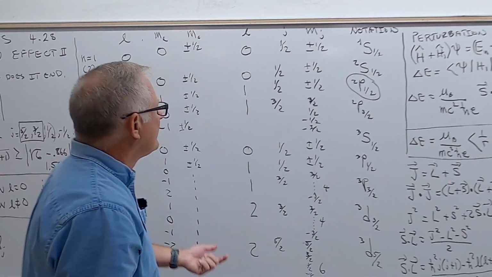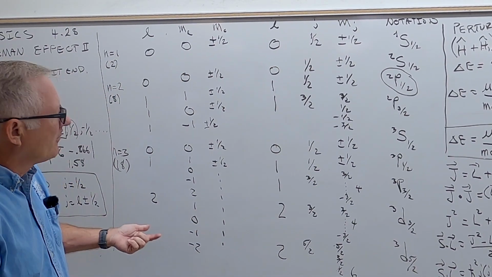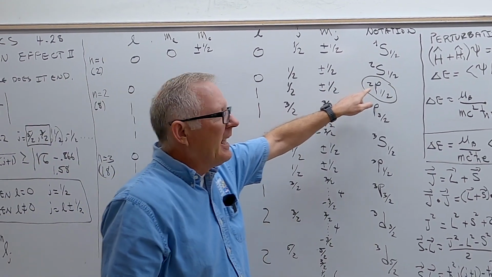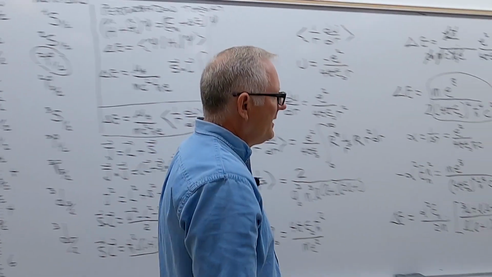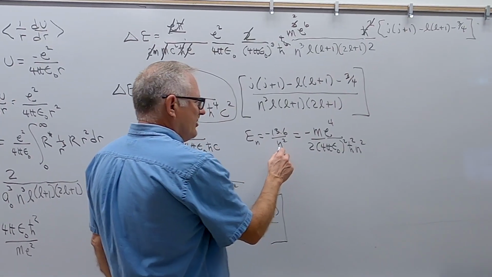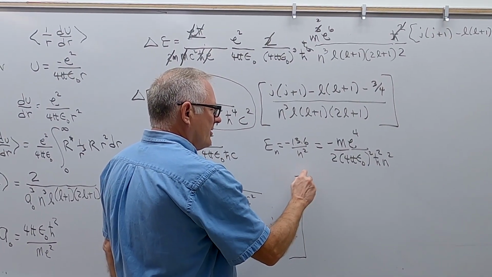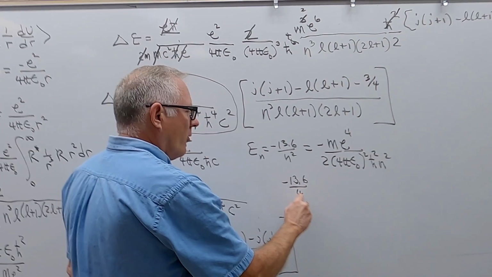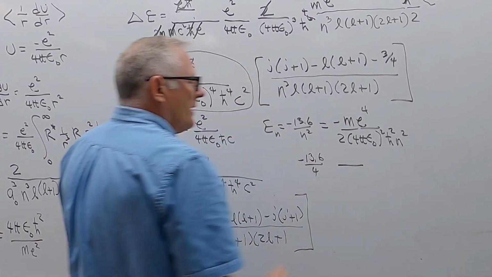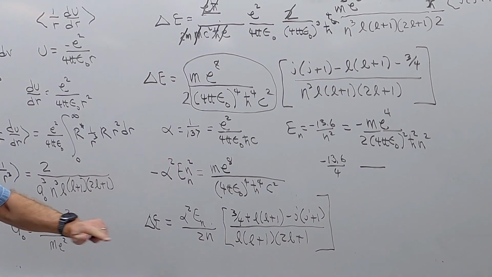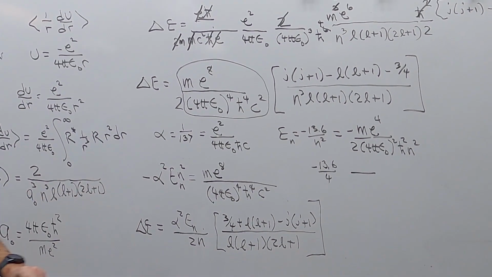How much does that line shift by? Remember, it used to just be at E sub 2 right here because that's the n. So when n is 2, it used to be minus 13.6 over 4. That was the energy of the line. But now, how much does it change by? Because this is just how much it changes by.